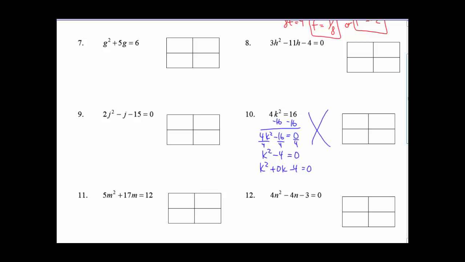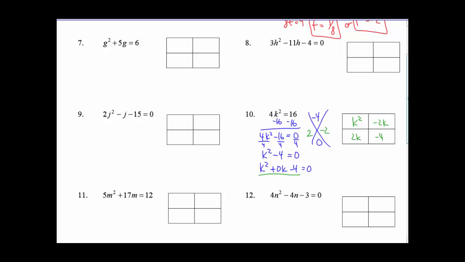We're trying to think, what times what equals -4, but adds to get 0? And some of you can see that. If you can, go through those progressions. We have a 2 and a -2. So if we were to put this in, we're going to have k squared minus 2k plus 2k minus 4.